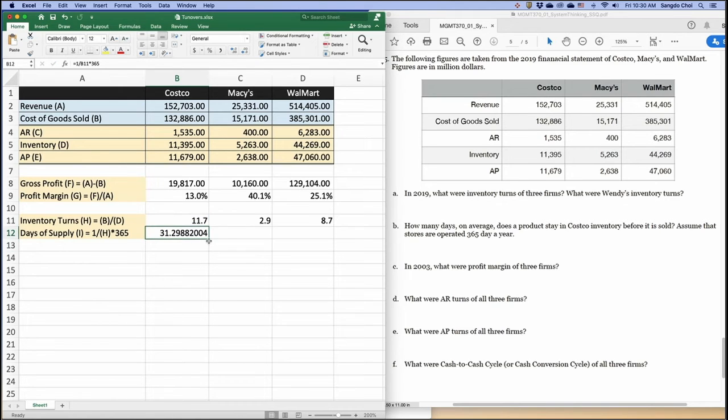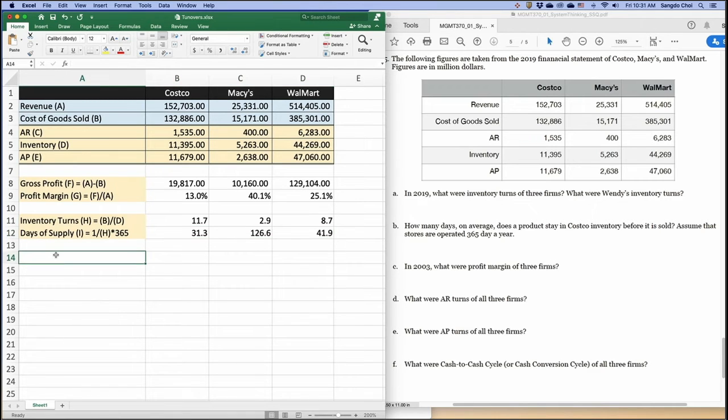Then we have almost 31 days, almost 1 month, right? I change the format. So this is 31 days, and this is 126 days, almost 4 months. 42 days is almost 1.5 months, right? This is days of supply. What's the meaning of days of supply? They keep this inventory from purchase until sales, right?